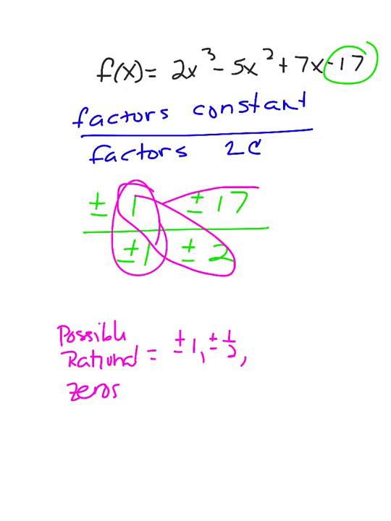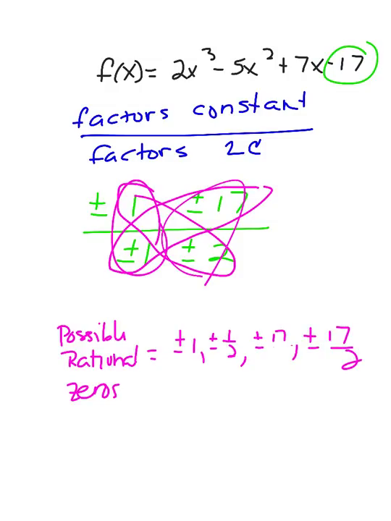Plus minus 17 over 1 is plus minus 17. And then we have plus minus 17 over 2, which would be plus minus 17 over 2. Okay, so those are all your possible rational zeros. Let's take a look at B.